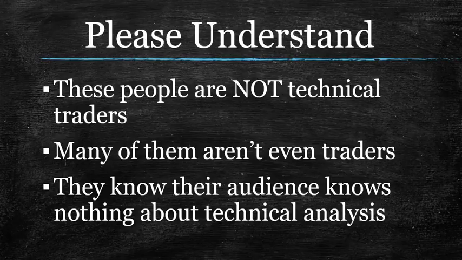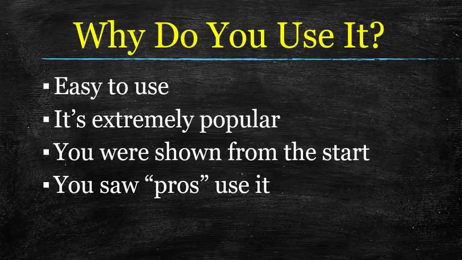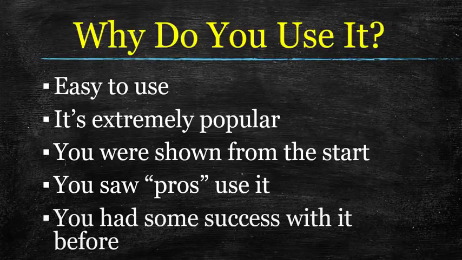So let's go ahead and touch on the last reason that I will bet is one of the reasons why you still use the RSI, and that's because you've had some success with it before. And I went over this in the Big Banks video too. It's called blackjack theory or Vegas theory. If you were to go up to a blackjack table for the first time, and on the very first hand, you would have actually gotten a blackjack and gotten that 2-to-1 or 6-to-5 payoff, whatever they do.